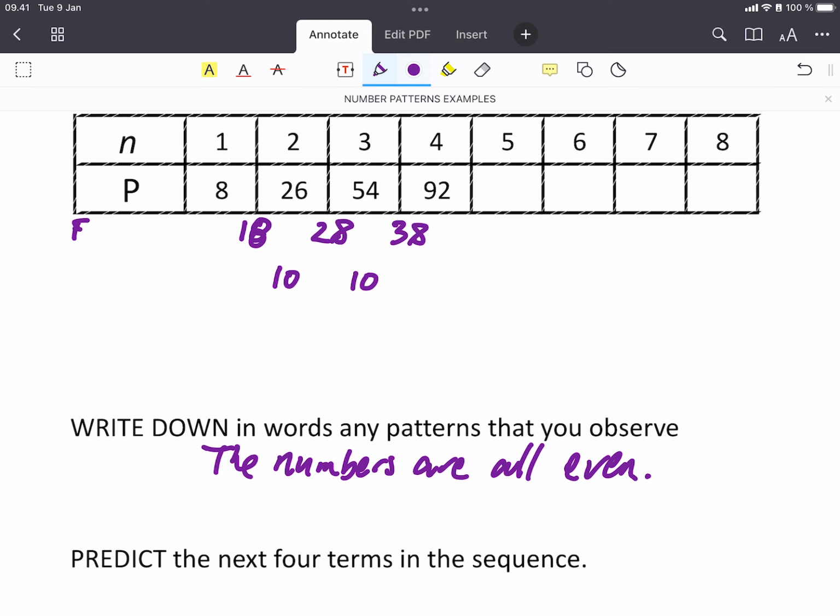So the first differences are 18, 28, 38, and then the second difference appears to consistently be 10. So you could actually write that down as a pattern that you observe in words.